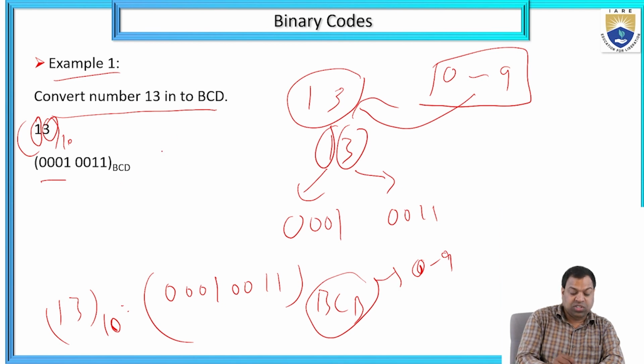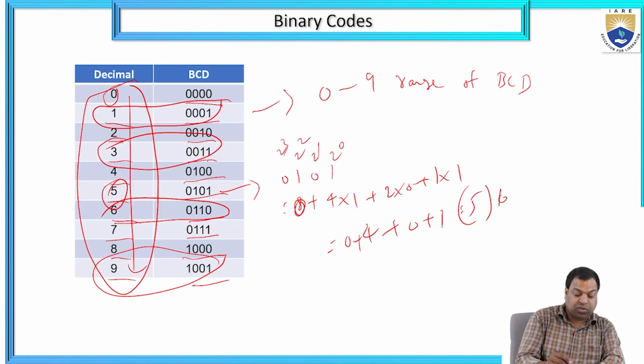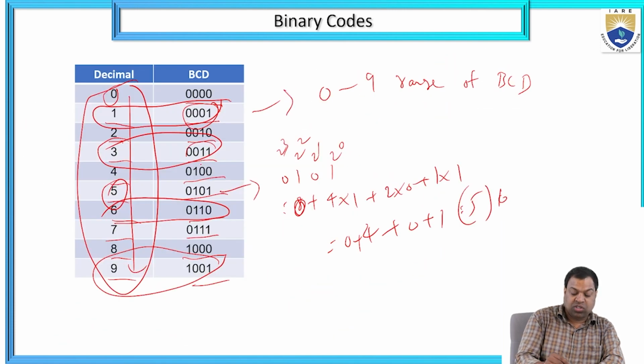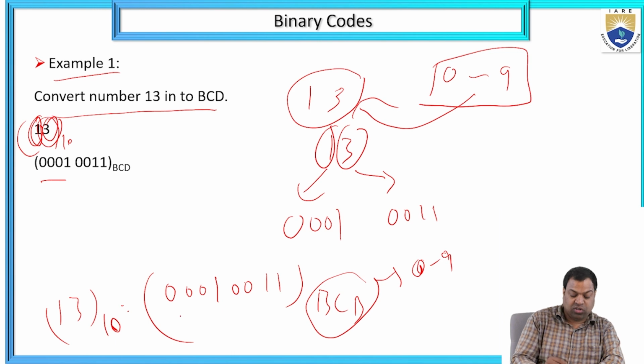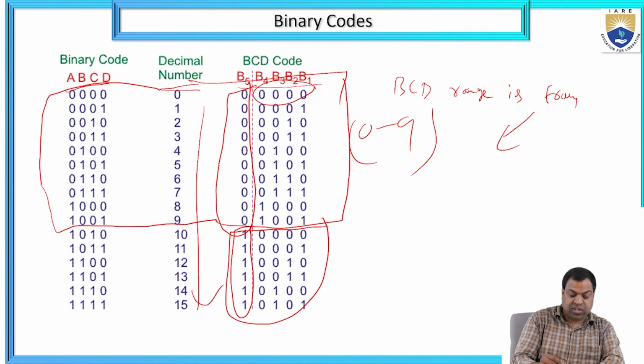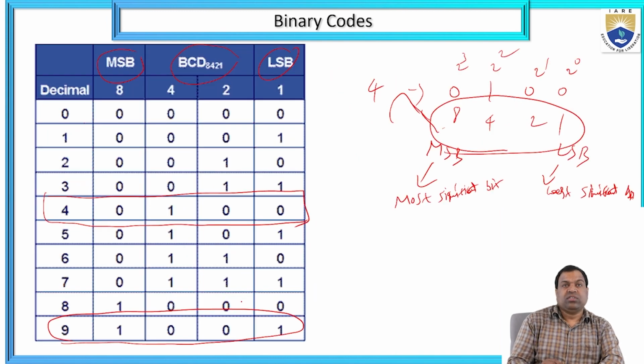Convert 13 into BCD. What is the 1 value from the table? 0001. And the 3 value? 0011. Adding them together gives the BCD. So it is a table of binary code, decimal and BCD code. Binary code ranges from 0 to 15, but BCD ranges from 0 to 9. It is the 8421 BCD method.